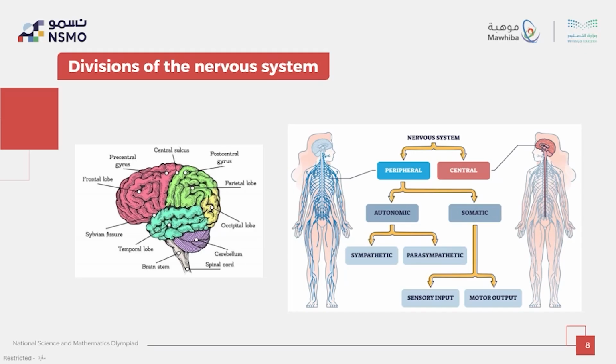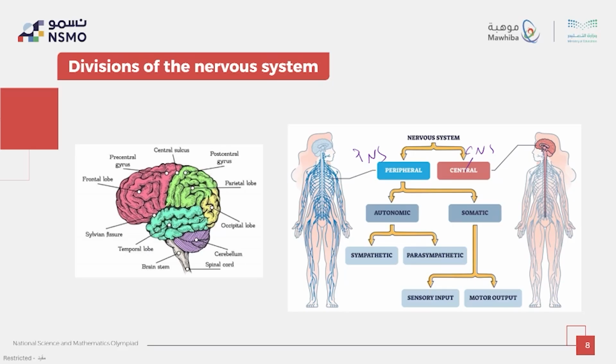After we're done with the structure of the neuron, let's talk now about the divisions of the nervous system. The nervous system is divided into two major parts that work together like precise control systems for the human body. The first one is CNS, referring to the central nervous system.